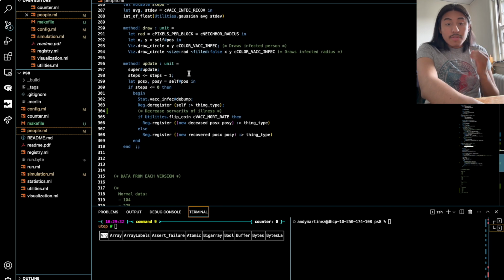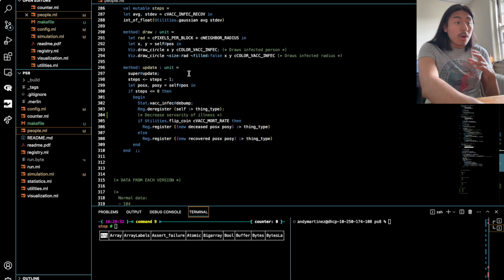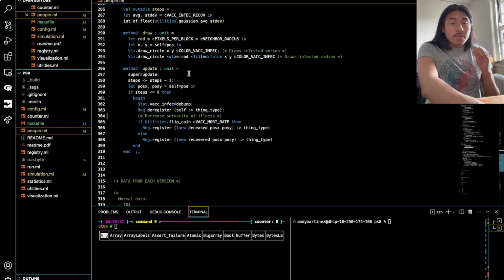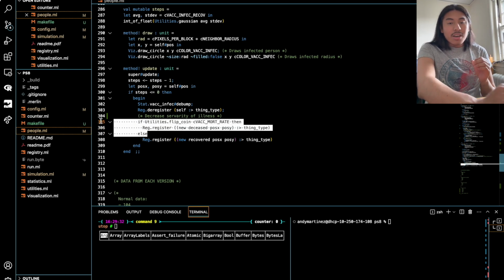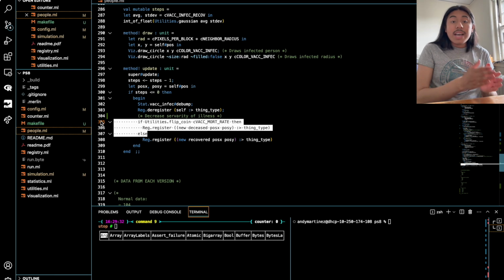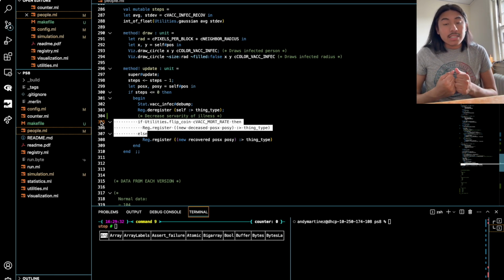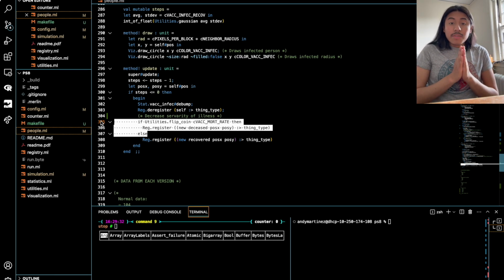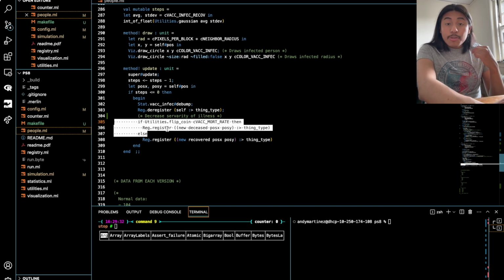Now, the third and final, and arguably the most important for our simulation, defining characteristic is a decreased severity of symptoms. So in the real world, if you get vaccinated and you contract the disease, the severity of your symptoms tend to be a lot lower. And I've implemented that right here. This portion of the code calculates the mortality rate, or calculates whether this person that is infected is going to die.